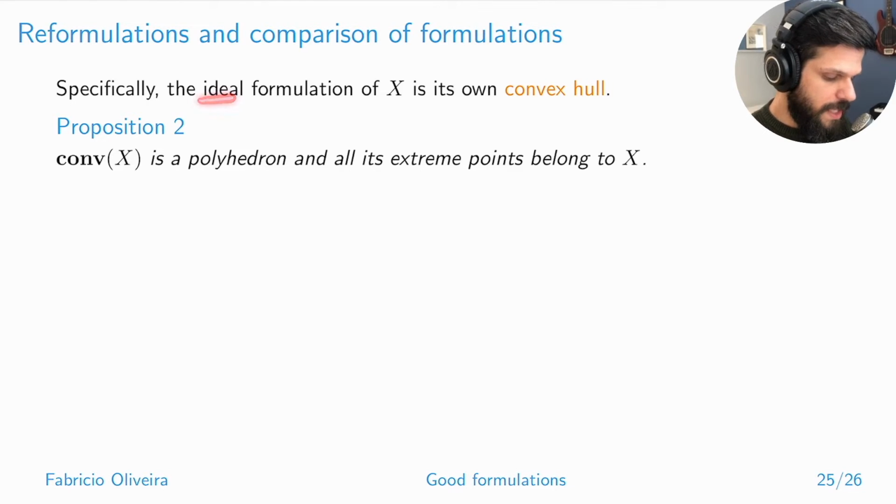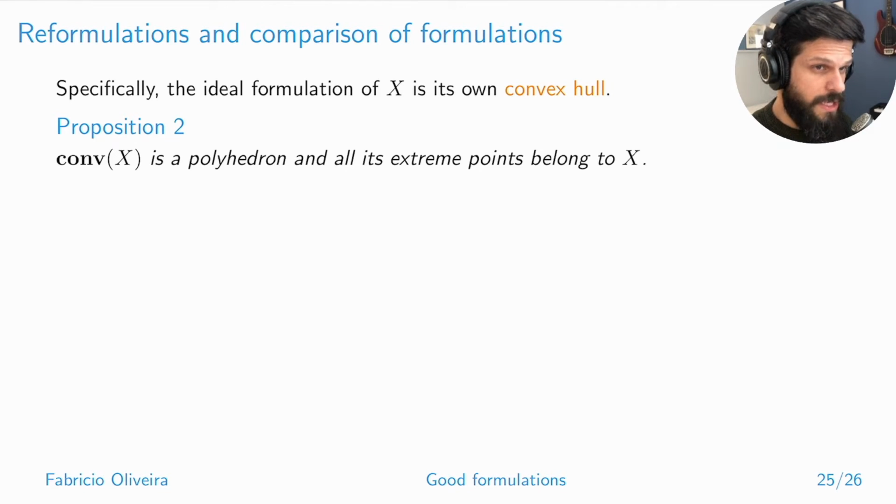So first of all, with this notion that ideal formulations are those that are the convex hull, I'm putting this proposition here, which is a corollary of the resolution theorem we saw in lecture 6.